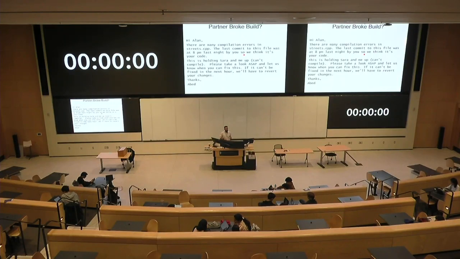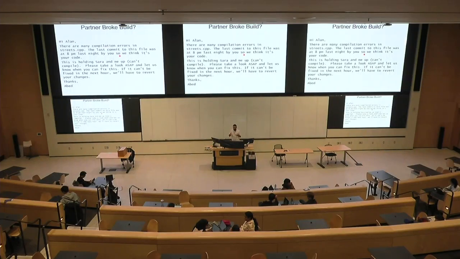This one is a lot better. This one is more detailed. It's more specific. Okay, yeah. So this has more details. It's definitely less vague. We know what the problem is. We know that there is at least some proof that it's Alan's problem, that he broke the build last night at 8 p.m. And it's less aggressive.